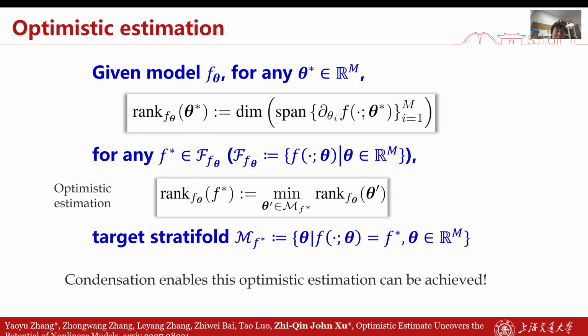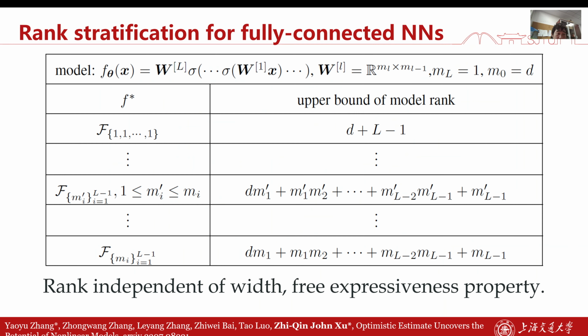If we are able to initialize the parameters around this simplest global minimum, we have a chance to use very few samples to recover this target function. So we define this as our optimistic estimation. And for neural networks, consider that the target function is in the space of your model. If it isn't, we can use some technique to deal with it.